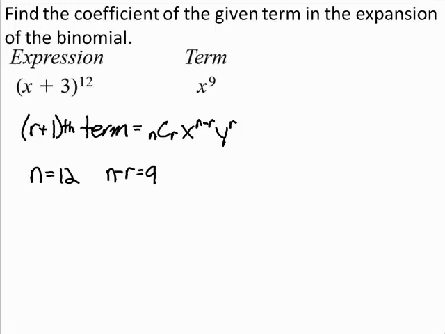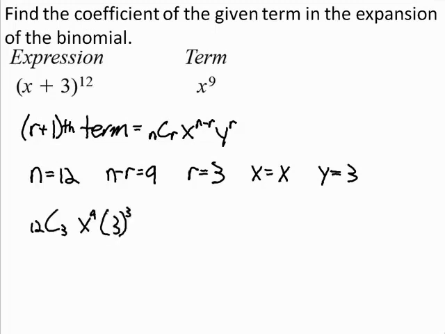The term is x to the 9th power, so n minus r is 9. Given that n is equal to 12 and n minus r is equal to 9, you can find that r is equal to 3. The first term in the binomial is x, so we will call x x. The second term in the binomial is 3, so we will call y 3.